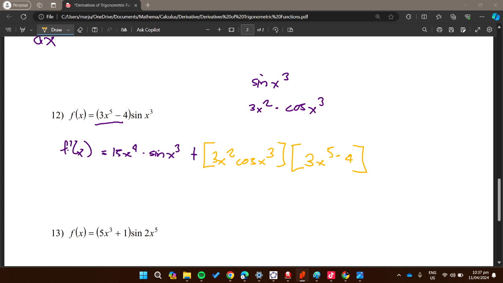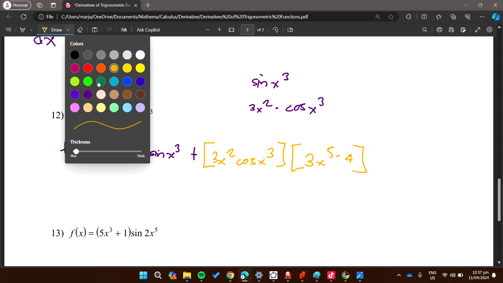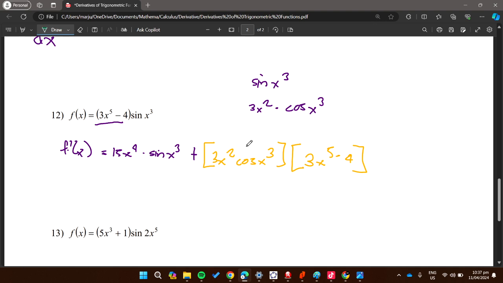Multiply muna natin to. Distribute nyo muna. Distribute nyo muna ito, dyan, and dyan. Alright. So, again, kindly do the distribution. That will be your head start.